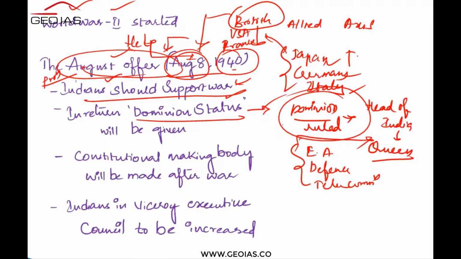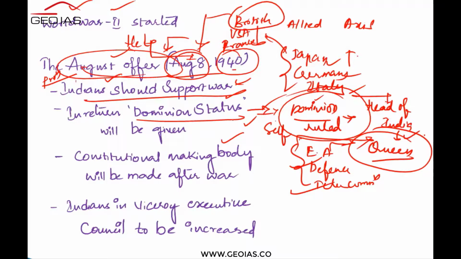So Indians will become a dominion of England. And what is meant by dominion? The head of India will be the Queen, but Indians will be given the right to rule themselves. And 3 subjects like external affairs, defense and telecommunication will be in the hands of the Britishers. Remaining all will be in the hands of the Indians.